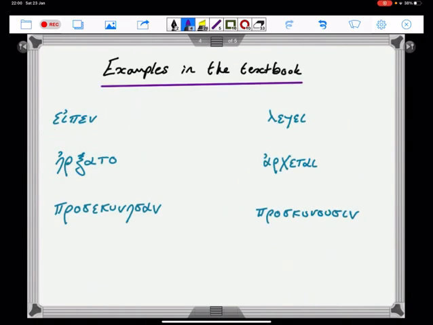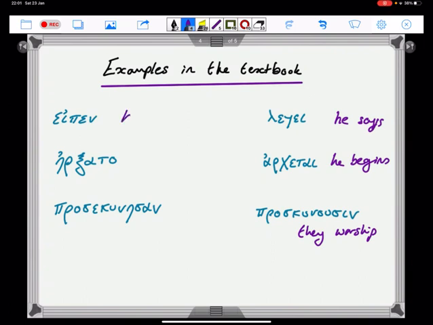Examples may be the easiest way to demonstrate this. You've met the following 3 examples. Dobson gives you a few more, but I'm not going to include all of the irregular ones. Legei, he says. Archetai, he begins. Proskynousin, they worship. You haven't met the form of archetai yet, because those are middle verbs, but you will eventually.